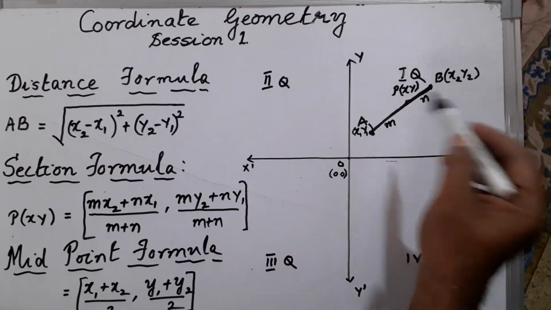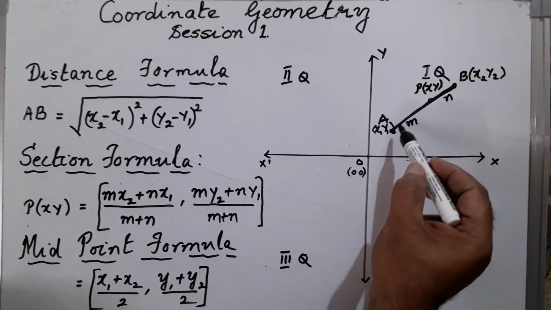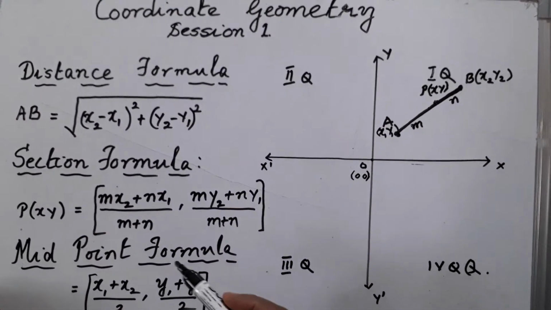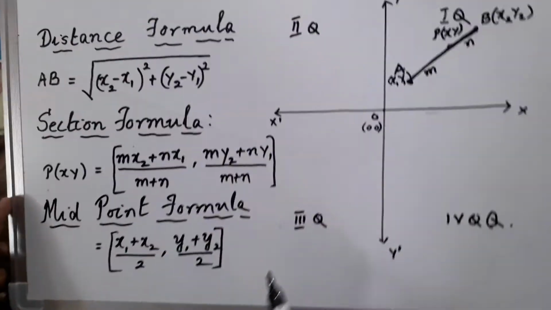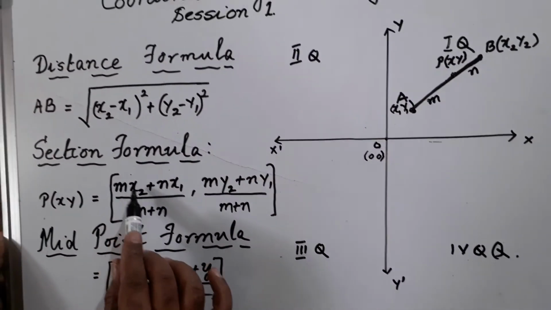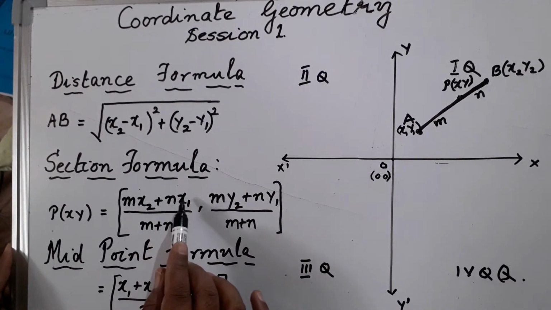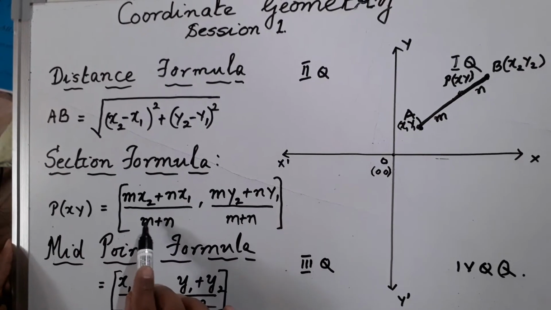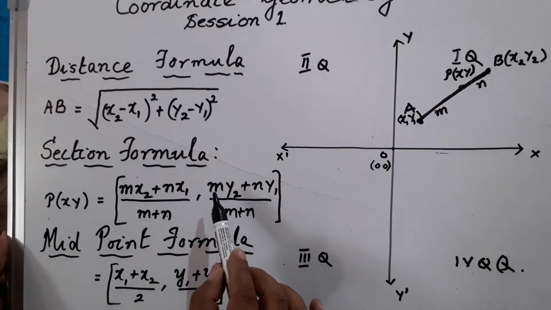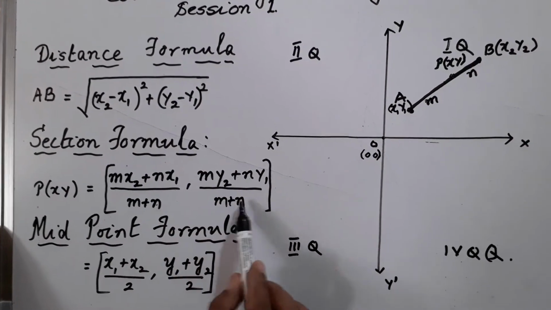So when the ratio becomes equal and when point P comes exactly at the midpoint of A and B, then in the section formula, (m x2 plus m x1) by (m plus m), (m y2 plus m y1) by (m plus m).